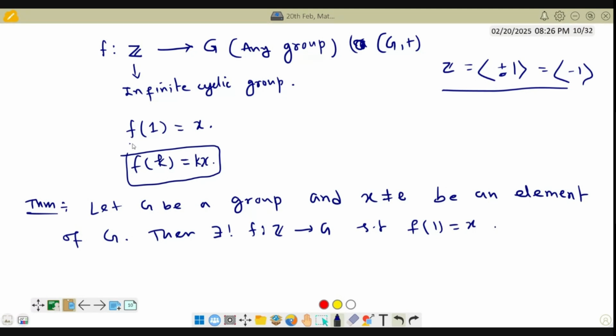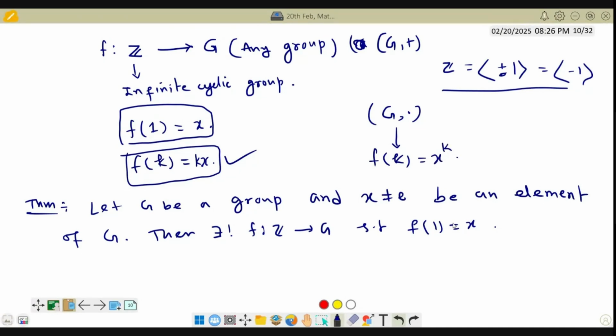Because if you fix the value of f of 1, then you have only one homomorphism. If G is a multiplicative group, then f of k will be x power k, and if the group is additive, then that will be kx.